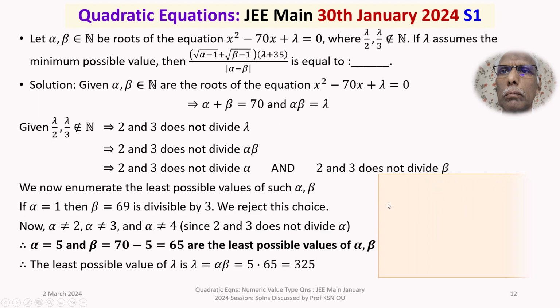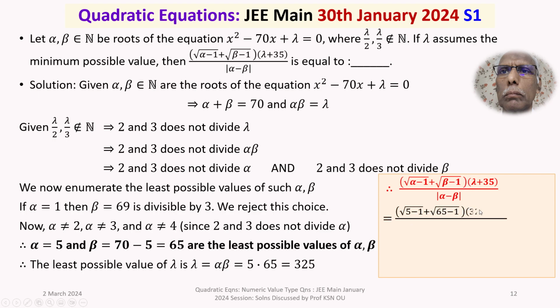So now let's compute (√(α − 1) + √(β − 1)) into (λ + 35) by |α − β|. Substitute α = 5, β = 65 and λ = 325 in this.